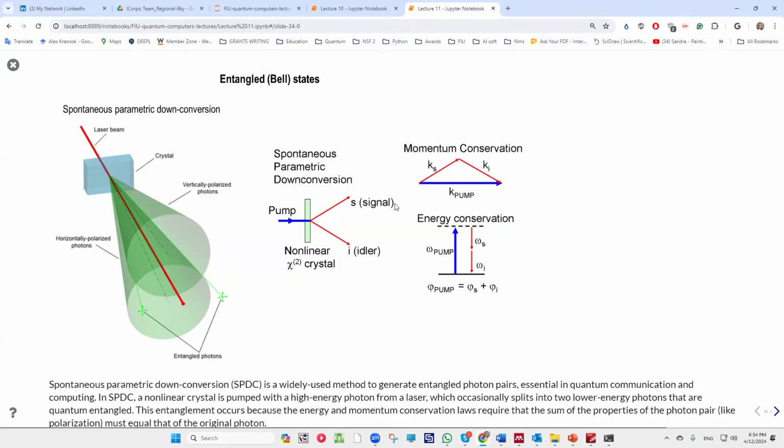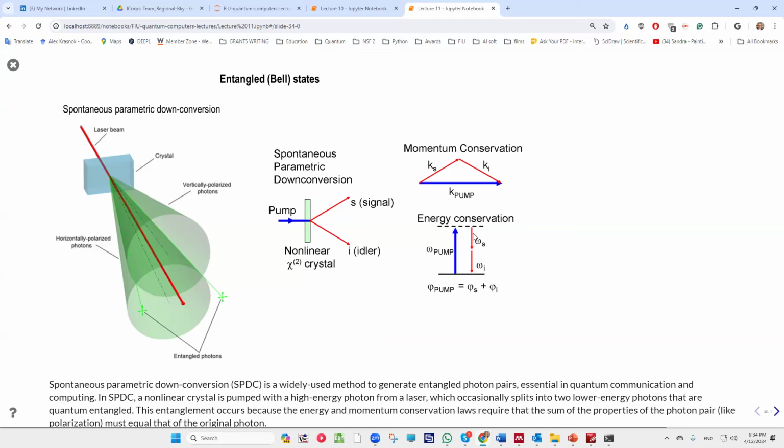And here we have momentum conservation, basically, which states that the vector sum of the momenta of these two photons must give us the vector which is the propagation direction of the initial pump photon. So momentum conservation and energy conservation.